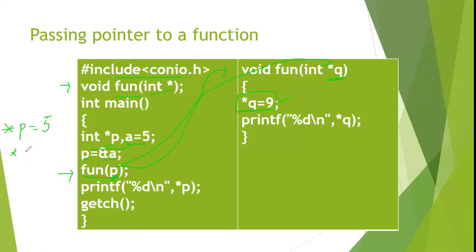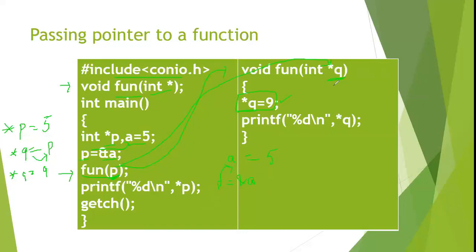Pointer q was equal to p, right? So pointer q was pointing to the address of p. If I write here *q is equal to 9, that means pointer q is replacing the value of 5. Let's take a is equal to 5. When I write p is equal to &a, that means p is pointing to 5, right?